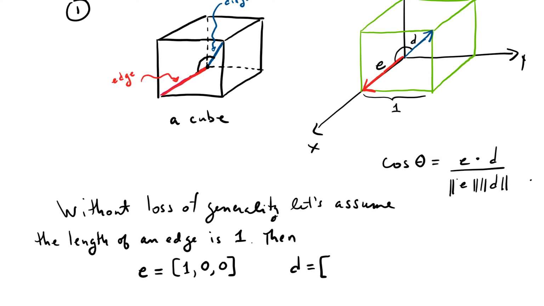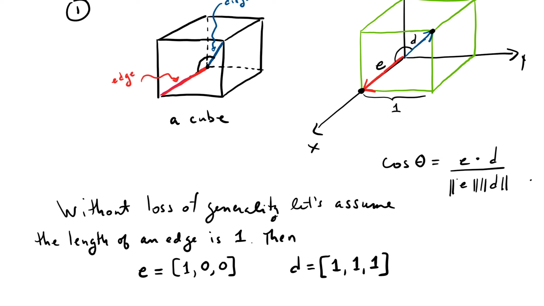It's going 1 unit along the x-axis, 1 unit along the y-axis, and 1 unit up. So it's 1, 1, 1. In other words, if you were to associate coordinates to those points, those would actually be the coordinates of the vectors e and d, because those are position vectors. They start at the origin. And then we're kind of done. Okay, that's the hard part. After that, we just need to apply this formula here.